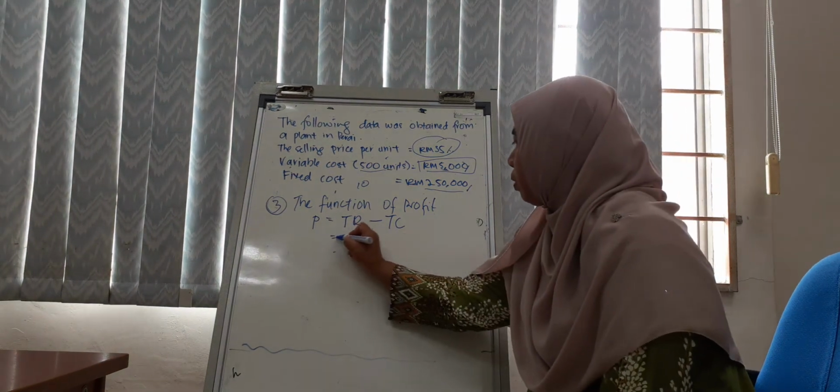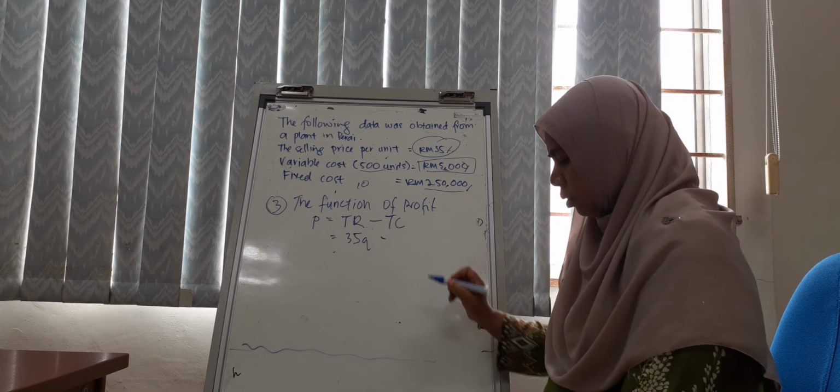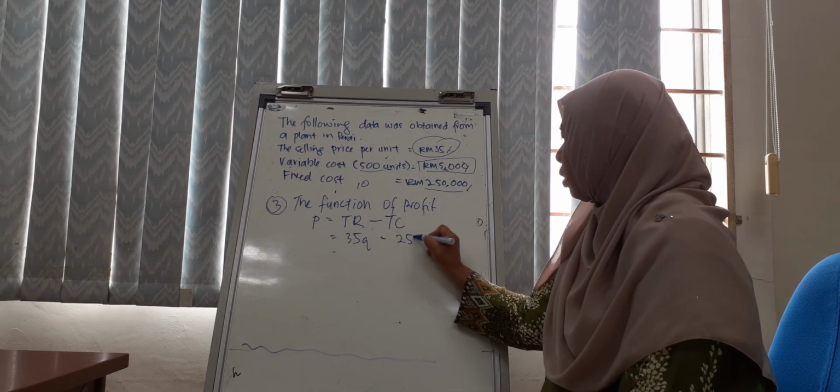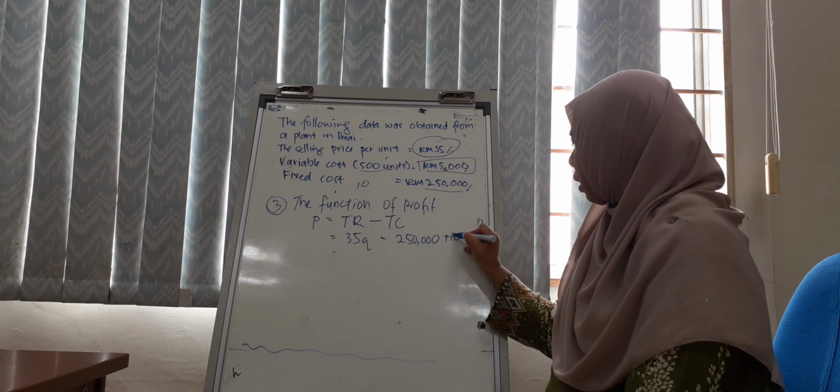So total revenue is 35Q minus the total cost, 250,000 plus 10Q.